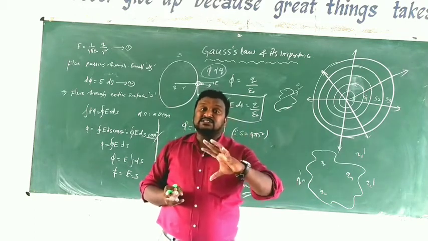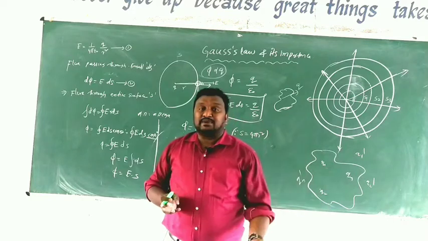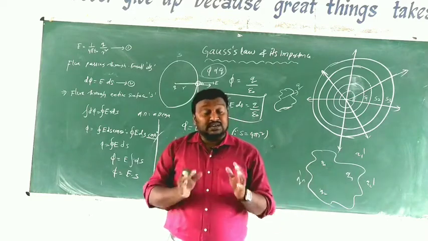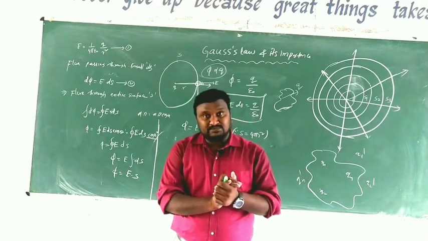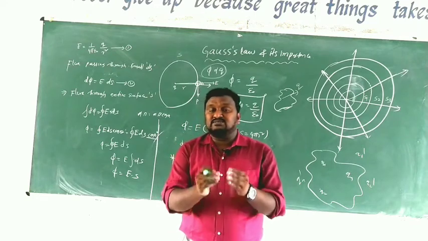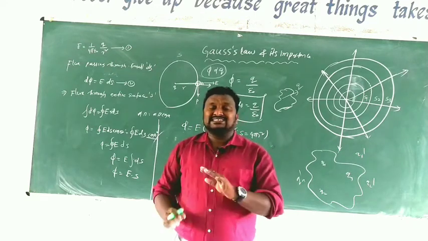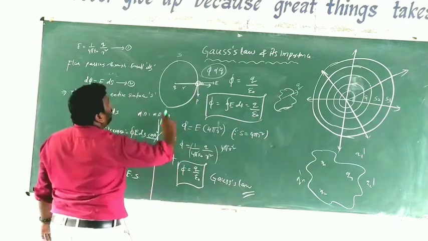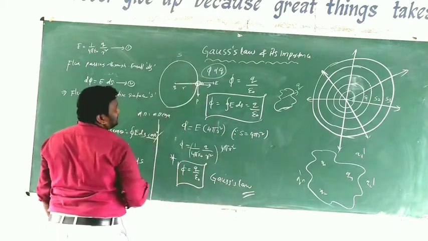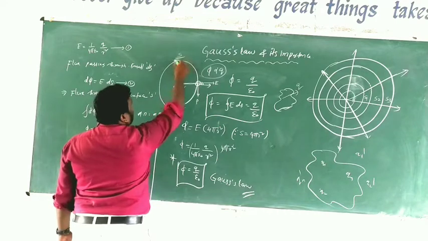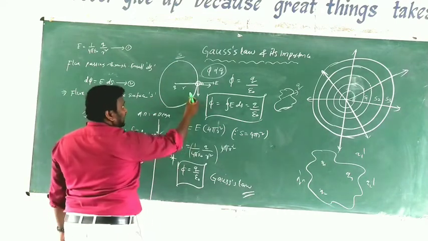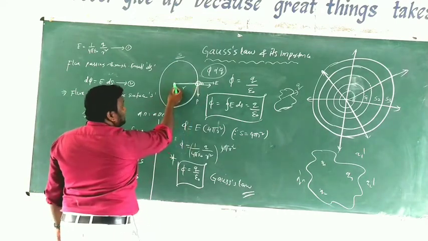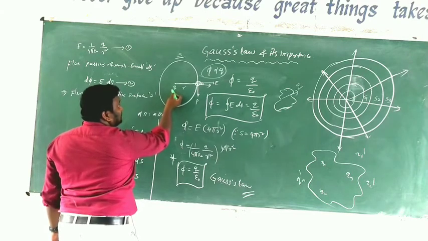The Gaussian surface may be of any shape, it is independent of shape, but it must always be a closed surface. In this case we are taking a spherical Gaussian surface of surface area S. At the center we imagine there is some charge q.